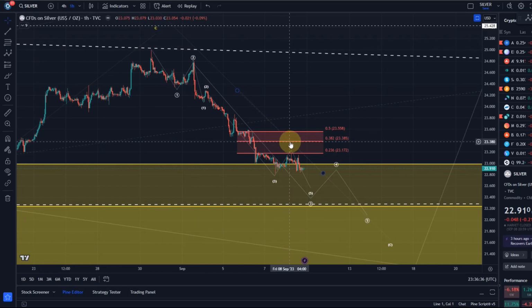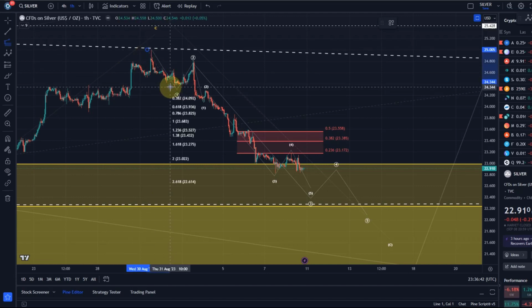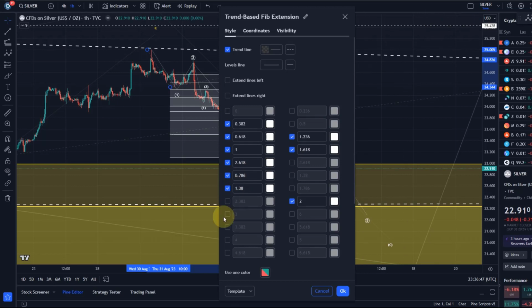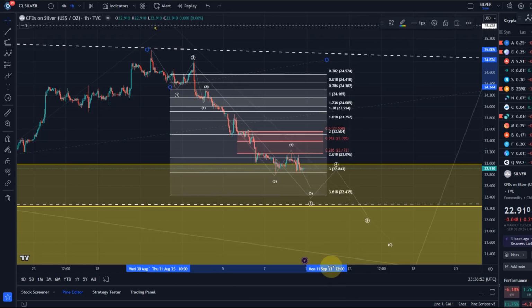What would be a target for circle wave 3? First of all, I would pay attention here to the Fibonacci extension levels. And I will have to add the 300%. So it already reached the 300% extension level.